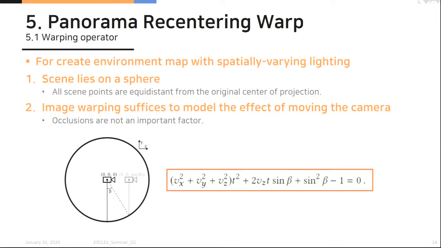It's a pretty simple equation if you know the 3D sphere equations, and solving this equation for t maps the coordinates from the original environment map to the ones in the warped camera coordinate system.